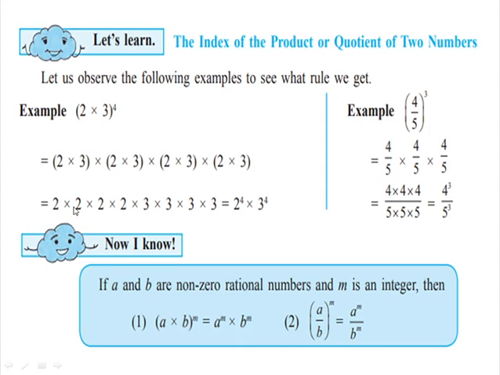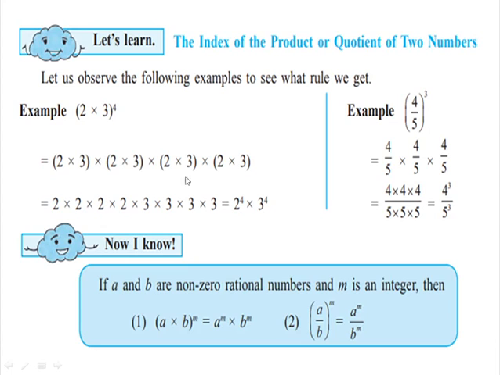Now we will bring all the 2's together and all the 3's together. When you bring all the 2's together, you will get 2 multiplied 4 times. That is 2 multiplied by 2 multiplied by 2 multiplied by 2, and when you bring all the 3's together you will get 3 multiplied 4 times. So here 2 multiplied 4 times is 2 raised to 4 multiplied by 3 multiplied 4 times, that is 3 raised to the power 4.